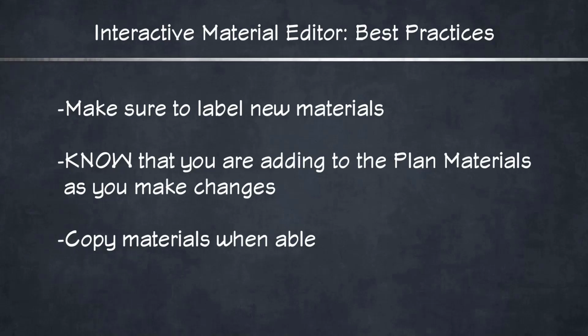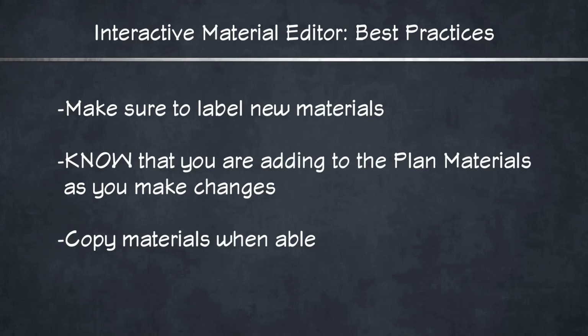Let's go back to the list. Best practices. Every time you scope and you make a new material, that's going to show up in your plan materials. And if you do not name it something appropriate, niche back, niche border, exposed beam 1, exposed beam 2, however you want to do it, you need to name it something applicable so that way you know what you're adjusting if you adjust it from the plan materials dialog. Also, you need to know that you're adding materials to the plan materials dialog.